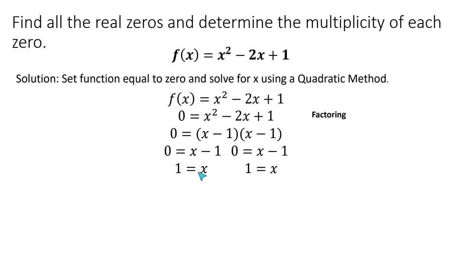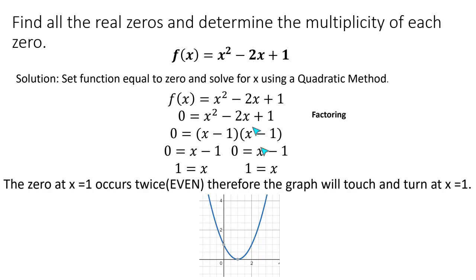So x equals 1 and x equals 1. That means I have 2 zeros, but it's the same zero. So it's repeated twice, and we would say that the multiplicity of x equals 1 is 2 because it repeated twice. Since it repeats twice, the graph is going to touch and turn.